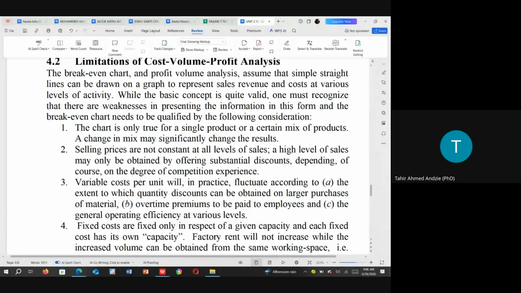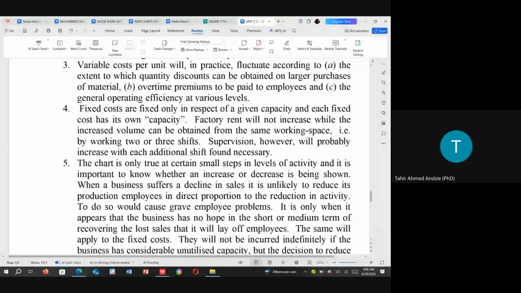Fixed costs are fixed only in respect of a given capacity, and each fixed cost has its own capacity. Factory rent will not increase until the increased volume can no longer be obtained from the same working space, that is, by working 2 or 3 shifts.